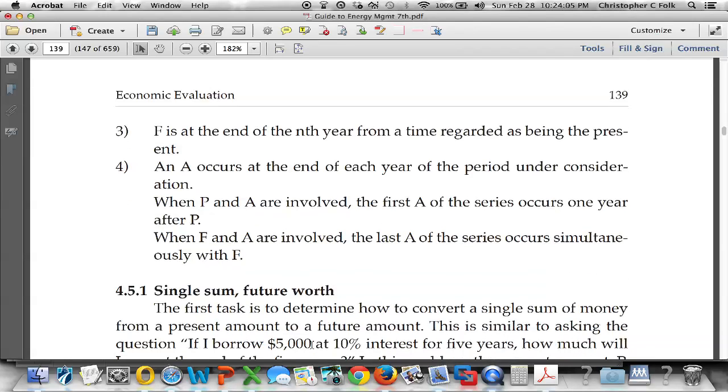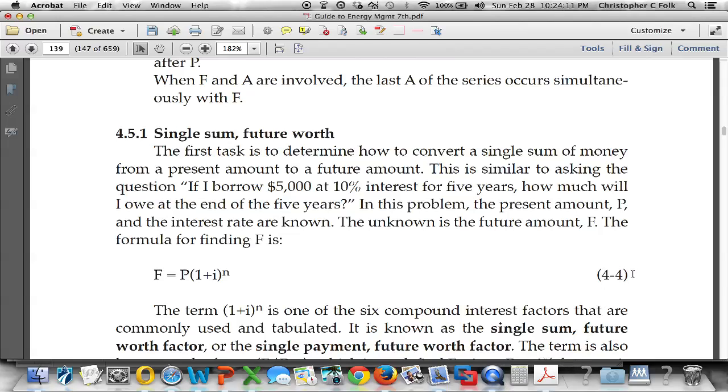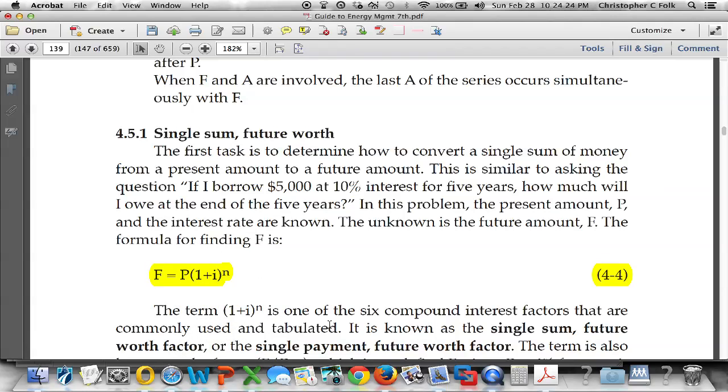The first example they're going to give us, notice they're still using these parentheses on the right side to indicate a formula. So formula 4-4 is this one right here. Let me highlight that while we're watching. 4-4: the future worth is going to be whatever the present value is times 1 plus the interest percentage raised to the number of years that I'm going to be borrowing it.